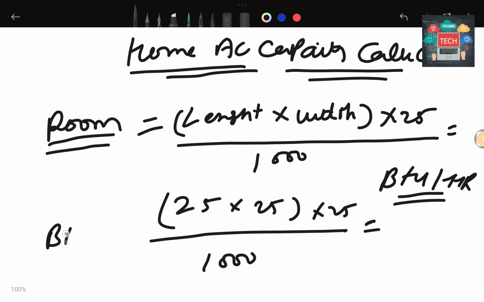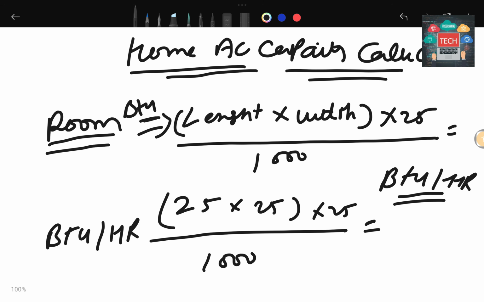Actually we are calculating the BTU of the room.